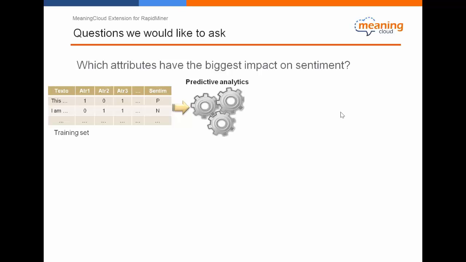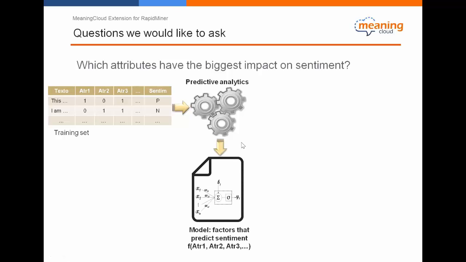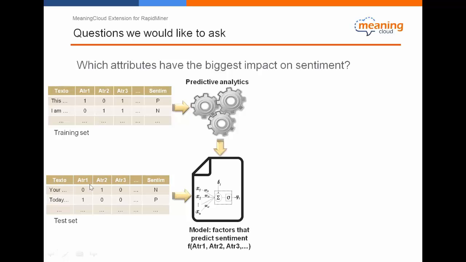I'm going to run RapidMiner algorithms that infer a rule-based model, a model that will enable me to predict the sentiment based on the other attributes. And then once I have my model, I'm going to validate it. And I'm doing so by using a different set, a test set with different comments, with their attributes and their sentiment.